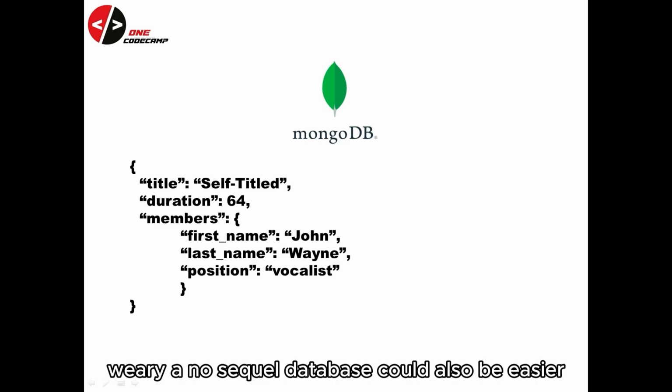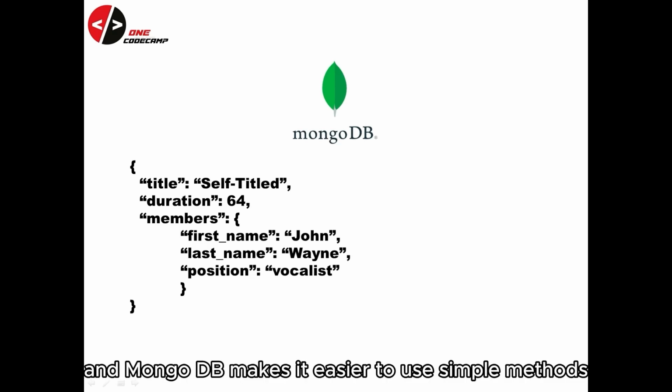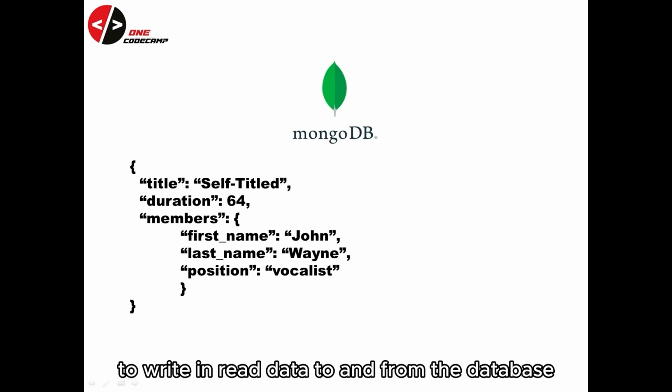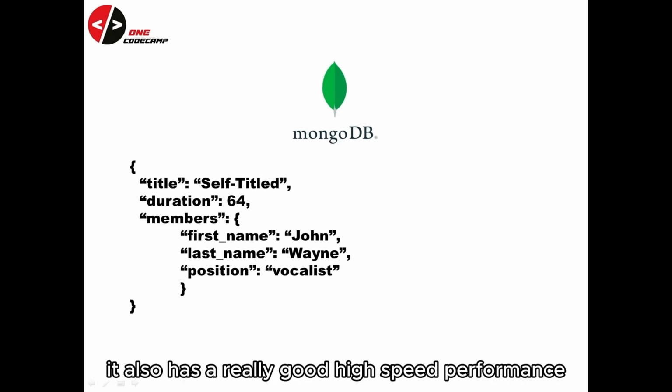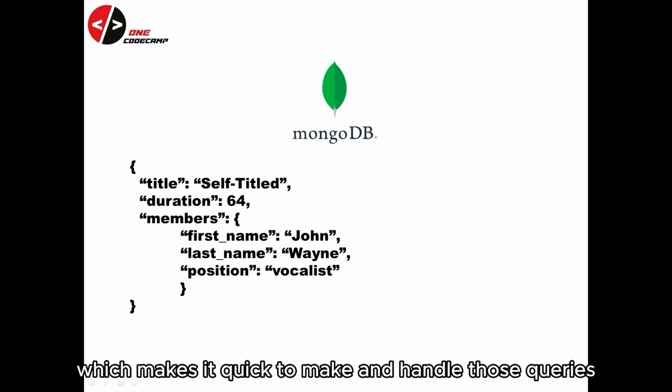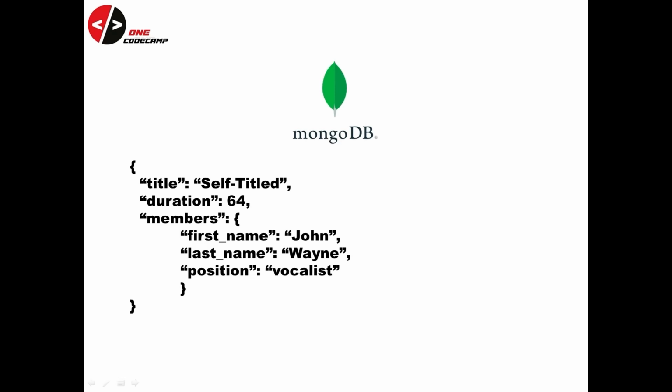Additionally, querying a NoSQL database could also be easier, and MongoDB makes it easier to use simple methods to write and read data to and from the database. It also has really good high-speed performance, which makes it quick to make and handle those queries.